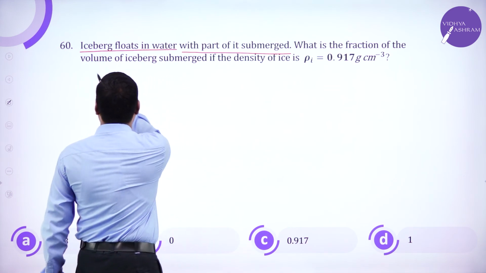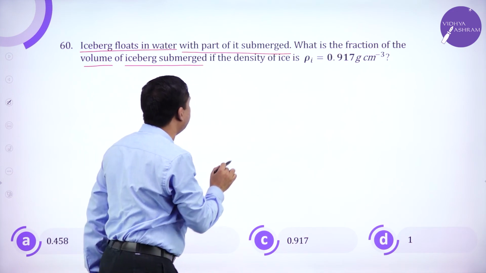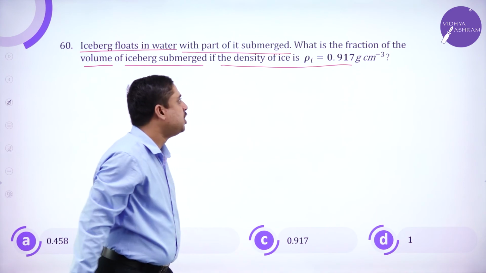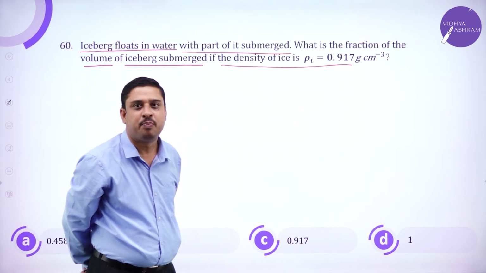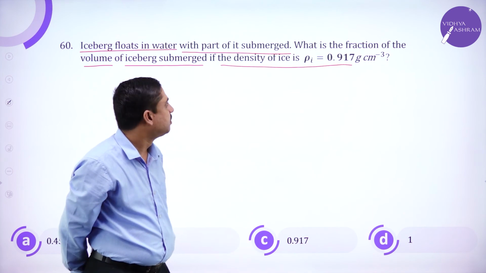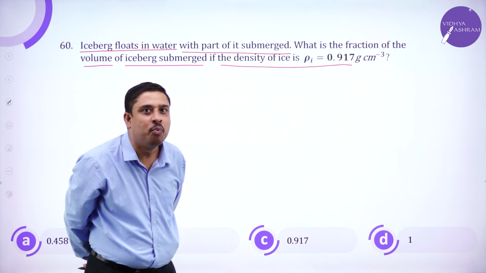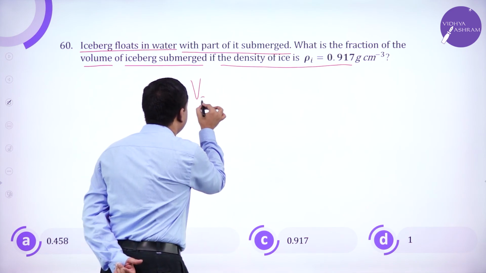What is the fraction of volume of iceberg submerged if the density of ice is 0.917 gram per centimeter cube?